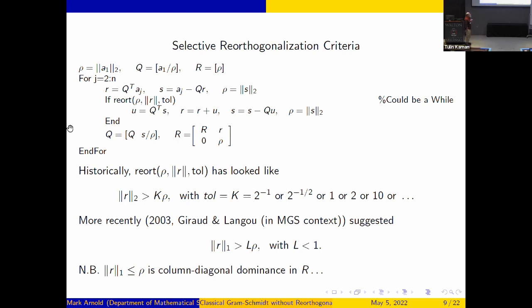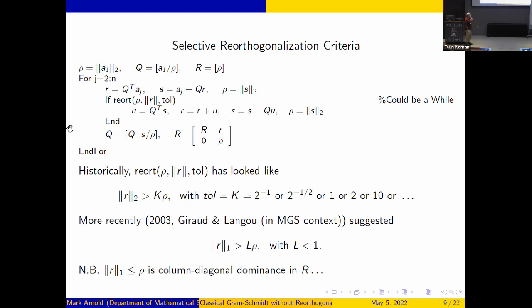So what I'm trying to describe here is just a general classical Gram-Schmidt with a selective reorthogonalization. The idea is you go ahead and compute R and S and rho the way you would normally do at each Gram-Schmidt step. This jammed up one line of code is basically the classical Gram-Schmidt algorithm.